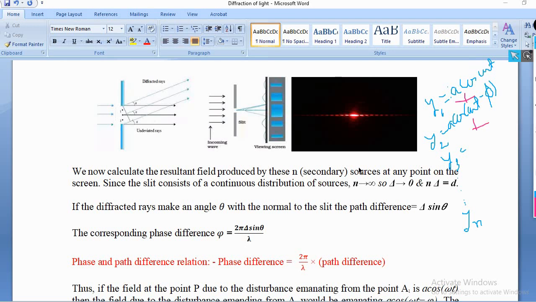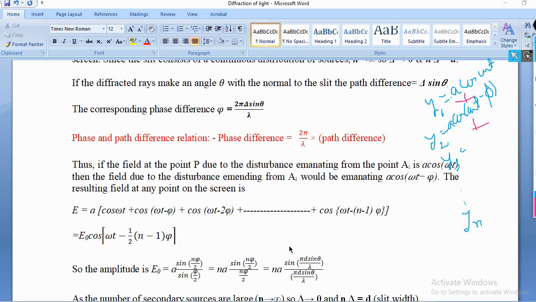Now come to this point. You have this, the resultant field, or the superposed field. So this is A cos omega t, A cos omega t minus phi, A cos omega t minus 2 phi, up to the nth value, yn. If you add all of them, your expression will be some constant E0 cos omega t minus half n minus 1 into phi.